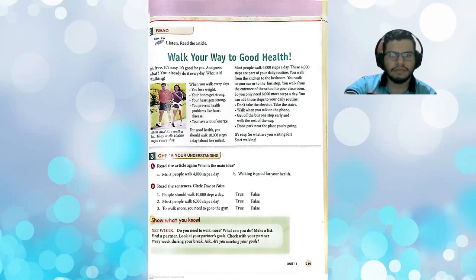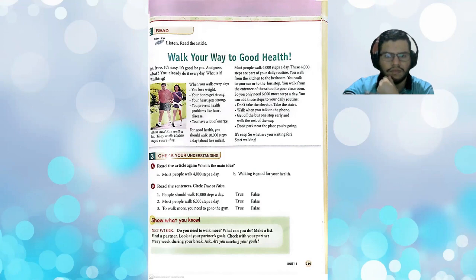You prevent health problems like heart disease. You have a lot of energy. For good health, you should walk 10,000 steps a day, about 5 miles. Most people walk 4,000 steps a day. These 4,000 steps are part of your daily routine.